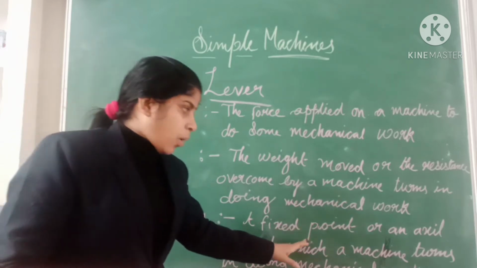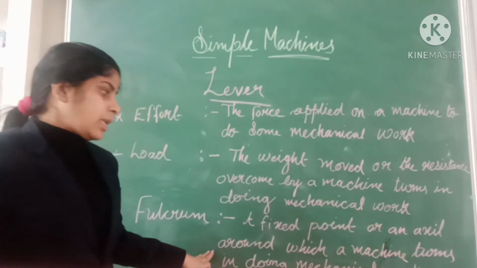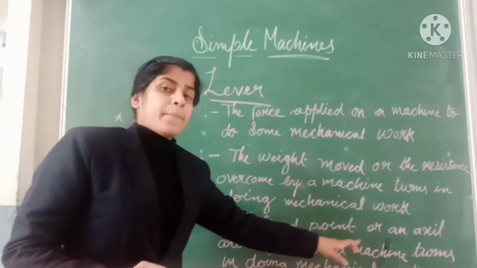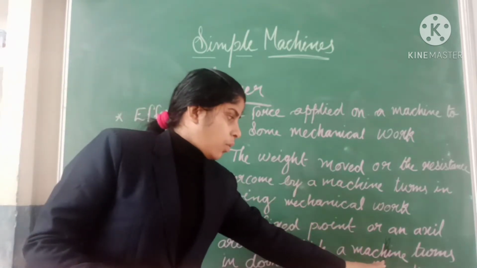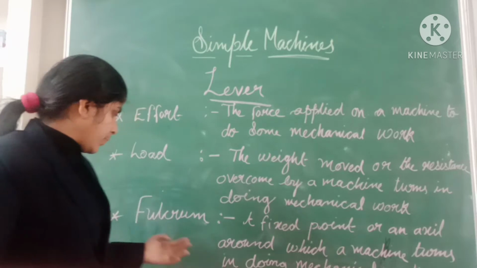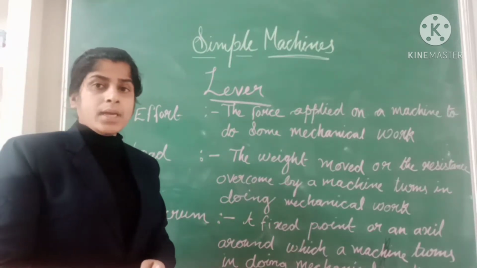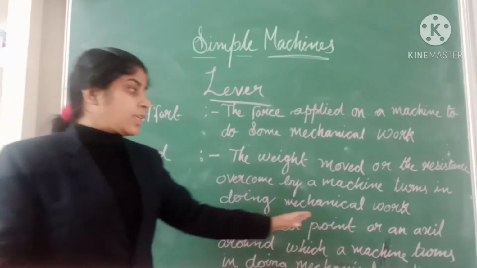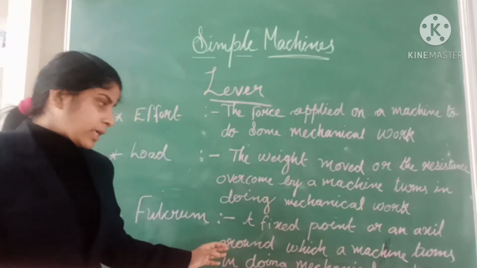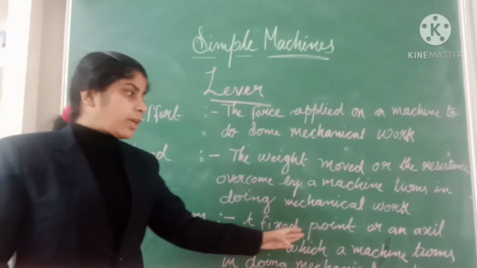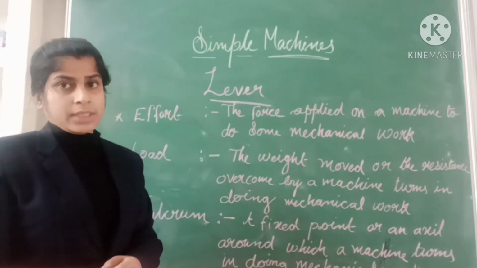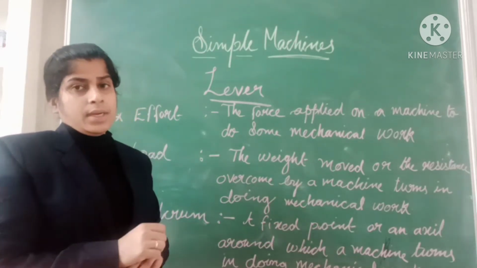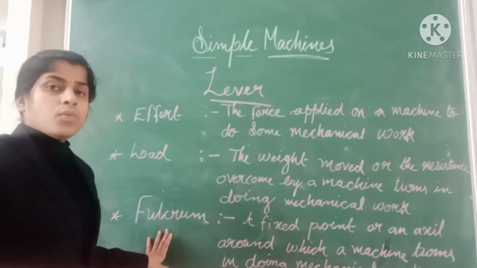A fulcrum is a fixed point or an axle around which a machine turns in doing mechanical work. That is the moving part of the machine. That is the fulcrum.